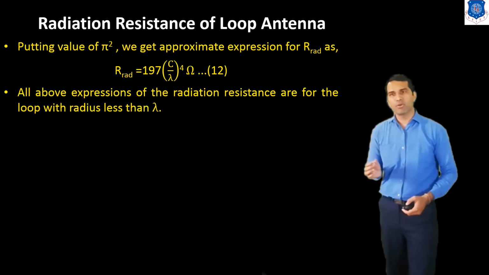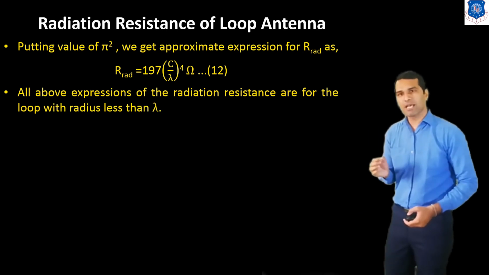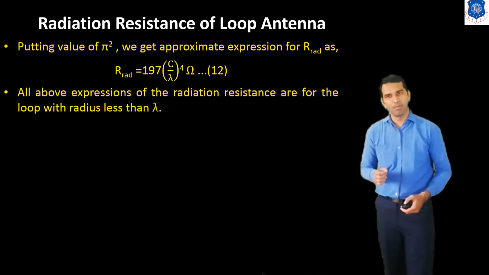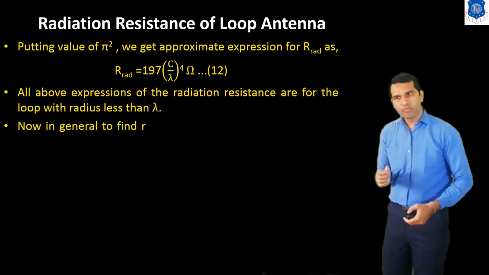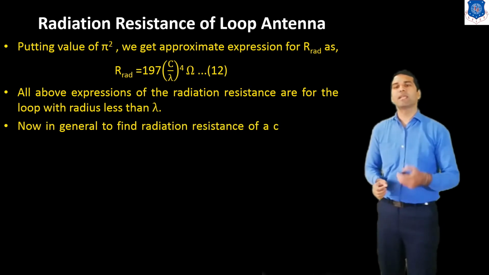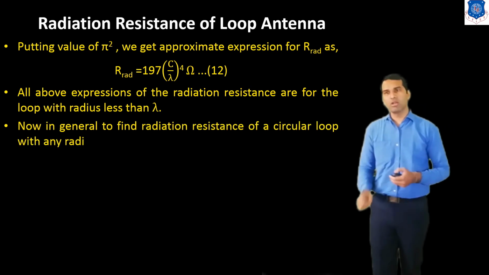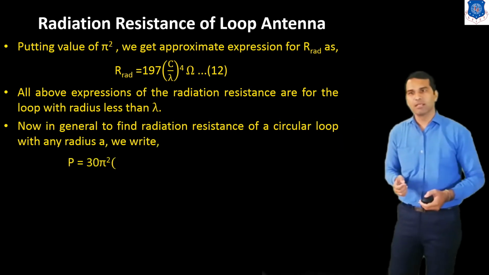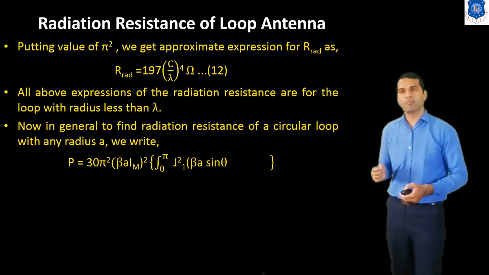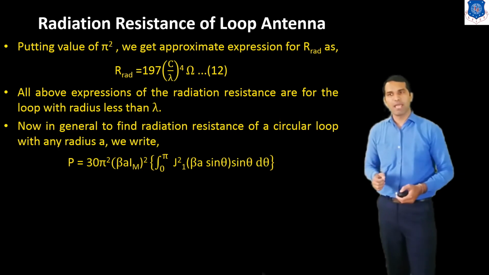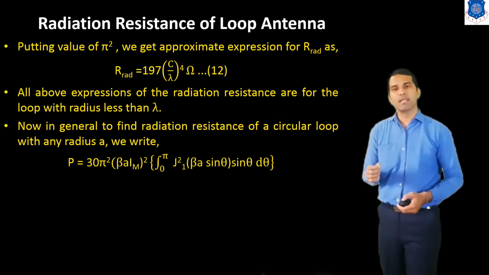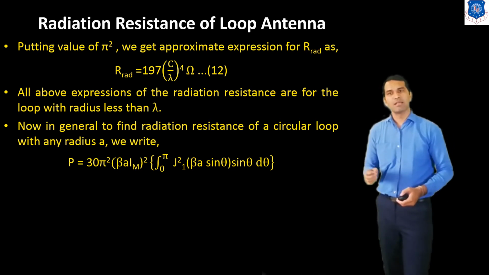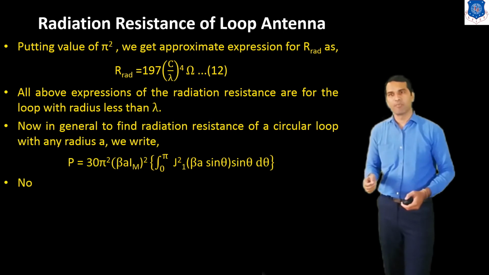All these expressions of the radiation resistance are for the loop with the radius less than lambda. Now in general, to find the radiation resistance of the circular loop with any radius a, we can write P is equal to 30 pi square beta a Im square and integration term 0 to pi J1 square (beta a sin theta) into d theta.